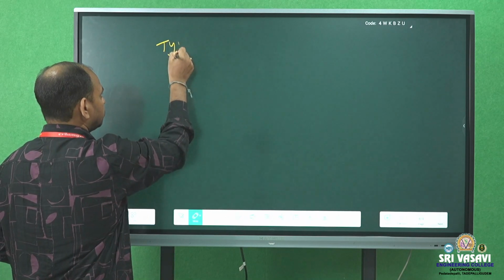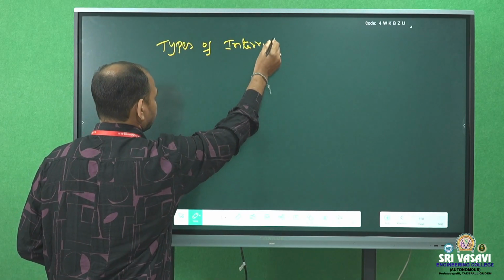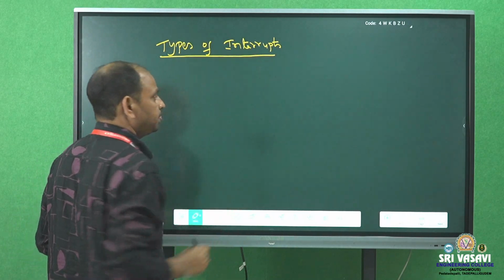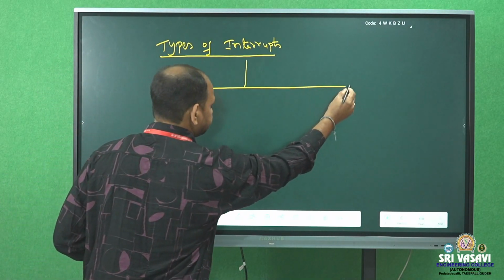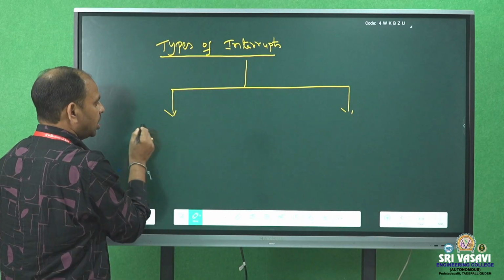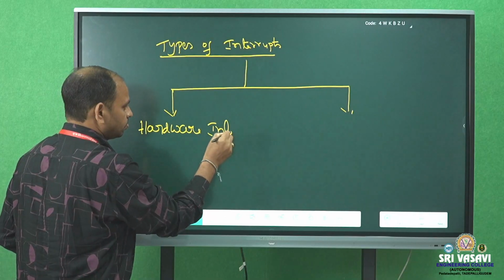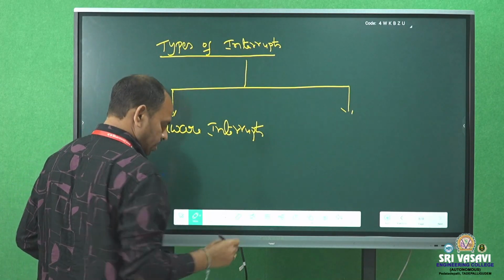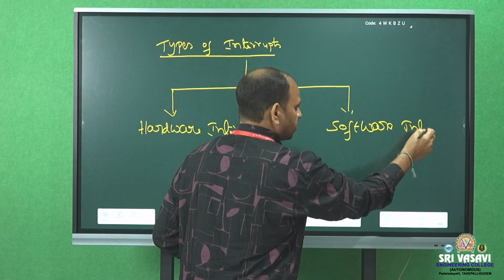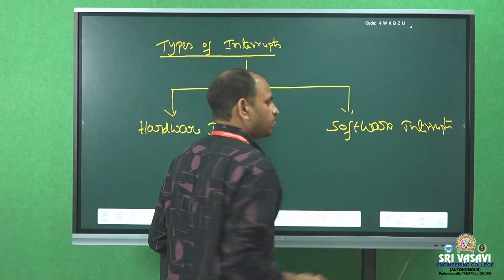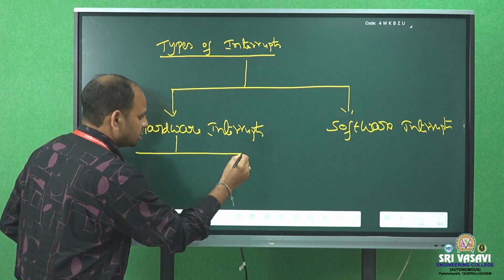Basically there are two types of interrupts. One is hardware interrupt, and the second one is software interrupt. The hardware interrupts are again divided into two types.